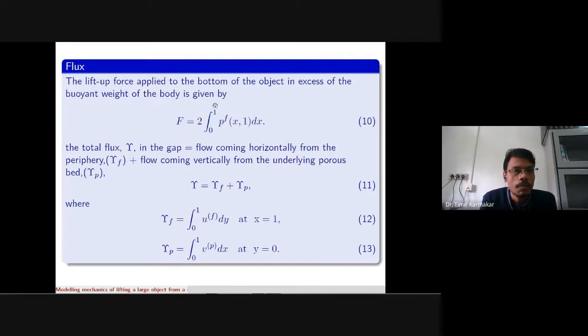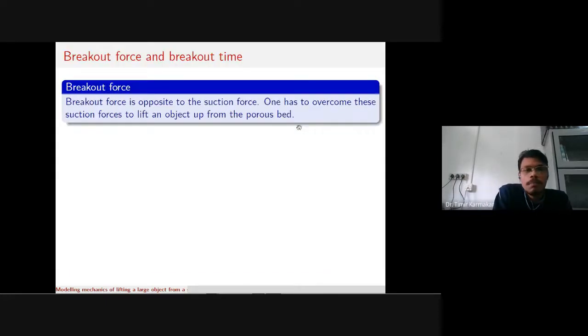We only have to bother about the suction force, which is nothing but the pore pressure generated near the interface or near the mud line. So if we can give an uplift force vertically which overcomes the suction force, then we can lift this object up easily.